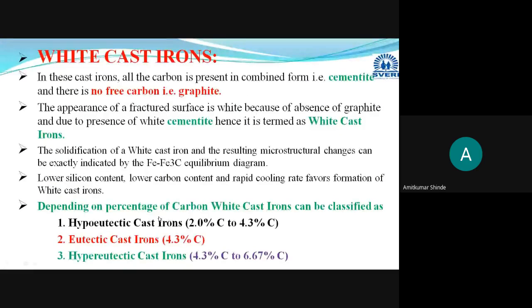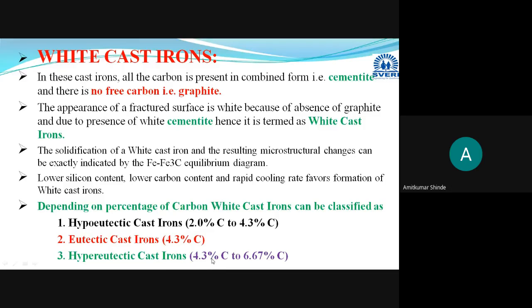Depending on the percentage of carbon, this white cast iron can be considered as hypoeutectic, eutectic, and hypereutectic. Hypoeutectic cast iron has carbon percentage 2% to 4.3. Exactly 4.3% carbon is eutectic cast iron.